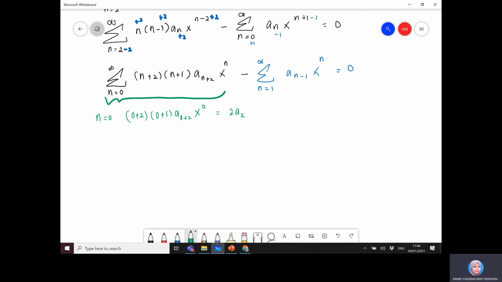Okay, so when I take out the term 2a2, then I can start the series from n equals to 1 because I already took out the n equals to 0. So this is your S0 and this is your remainder R1, if you recall the earlier part of the video. Okay, so now I can start the series at n equals to 1 and copy the whole thing.